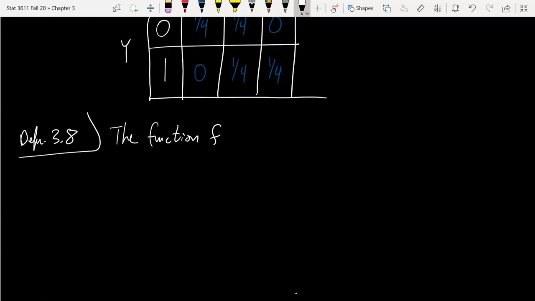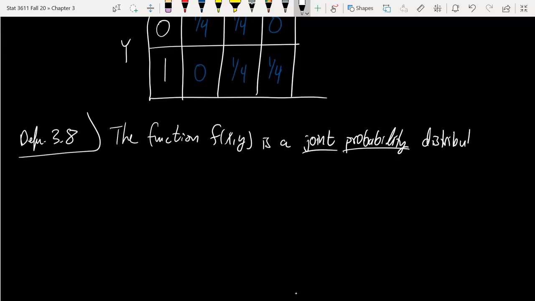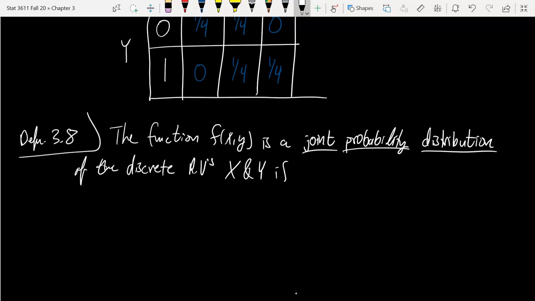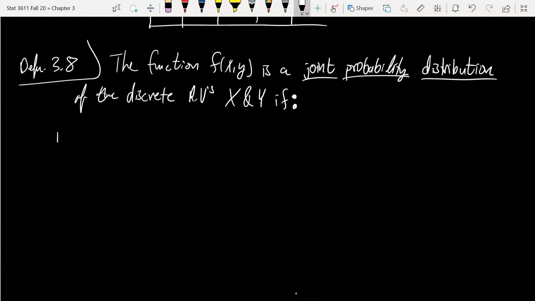The function f of x comma y is a joint probability distribution of the discrete random variables x and y if, first of all, the function values are greater than or equal to 0 for all x and y.